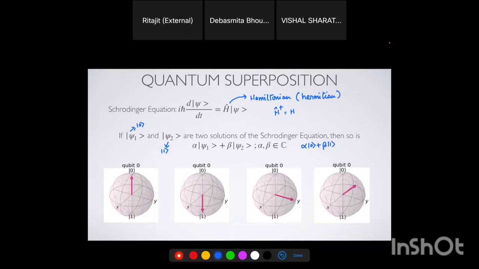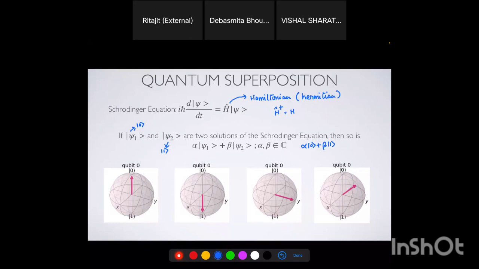And this picture that you see below is something called the Bloch sphere. I won't go deep into this today; you will learn a bit about the Bloch sphere tomorrow. But for the time being, you can think of the Bloch sphere as a good visualization of the quantum state. If the vector is pointed upward, it is 0. If the vector is pointed downward, it is 1.